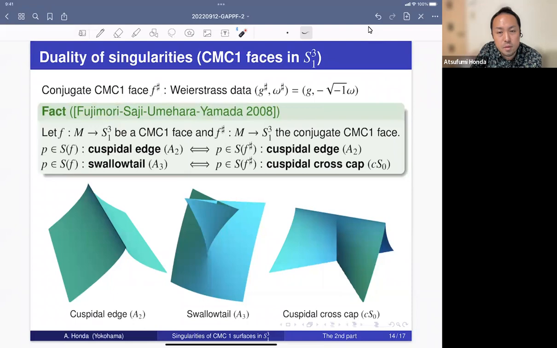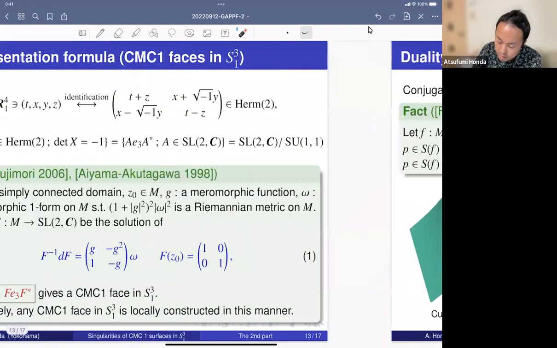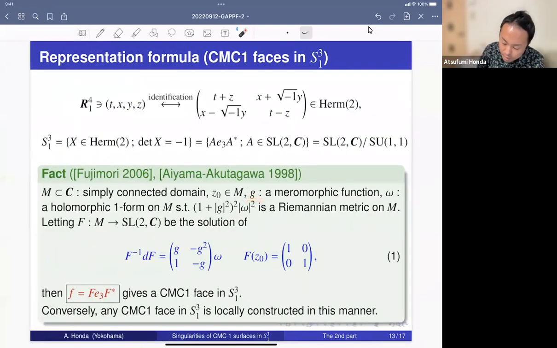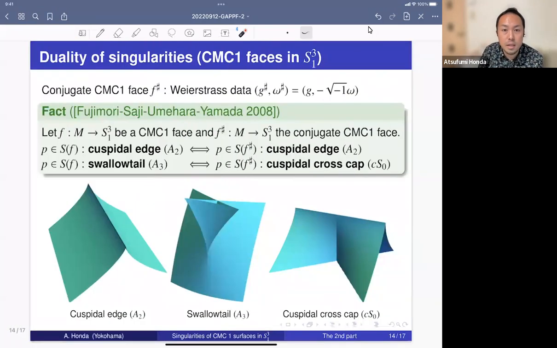These g and omega are called the Weierstrass data of CMC-1 faces, and via Weierstrass data, we can define conjugate CMC-1 faces in this way.